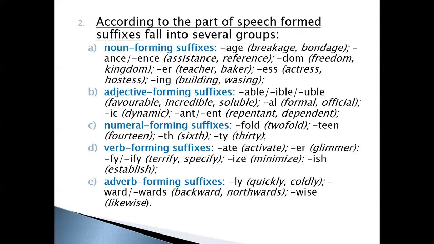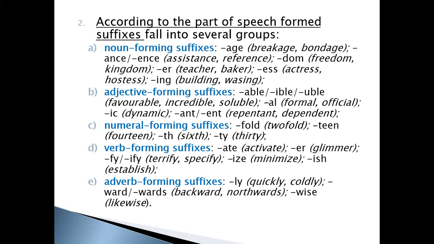English suffixes fall into several groups. First, noun-forming suffixes, for example, -age: breakage, bondage. Adjective-forming suffixes: -able, favorable, incredible.